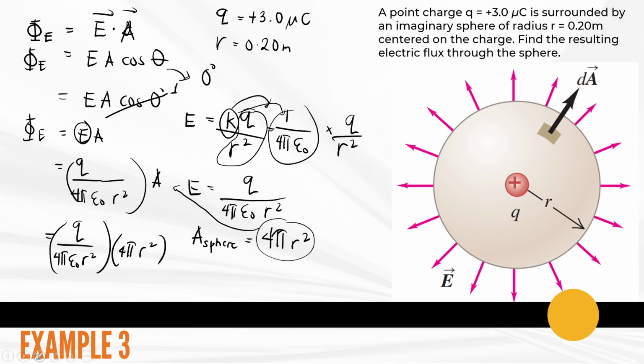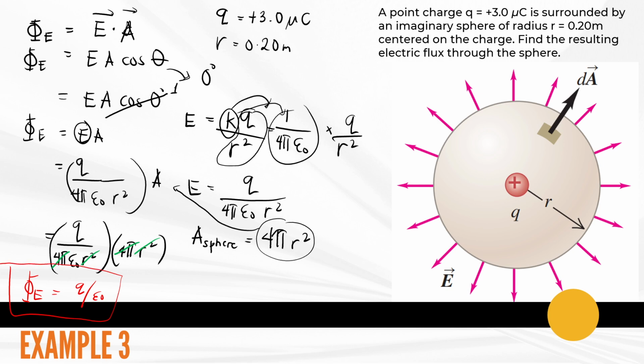Looking at this example, magiging masaya ka na kasi pwede ko palang i-cancel si 4 pi. Tama? Pwede ko na i-cancel si r squared. At ang matitira ko lang is walang iba kundi itong flux ko daw would be equal to Q all over epsilon.